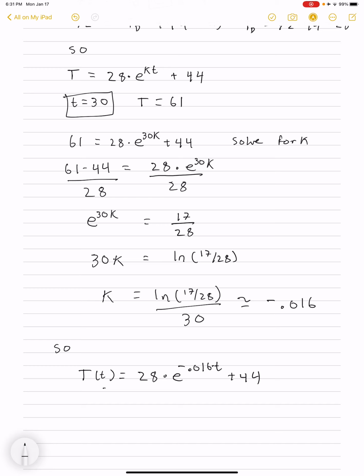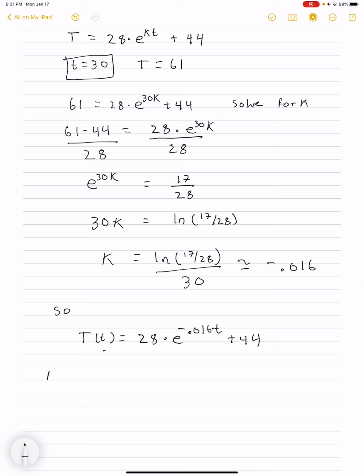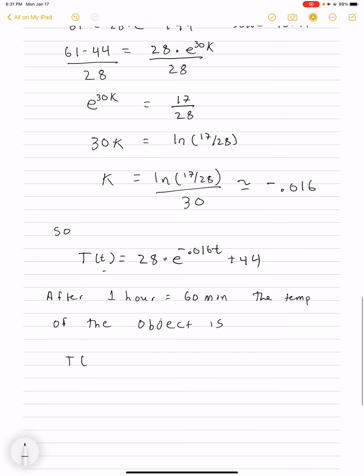Now after 60 minutes, so after 1 hour, and remember we're measuring time in minutes, the temperature of this object in the fridge is just going to be T of 60, which is 28 times e to the minus 0.016 times 60, and add 44.